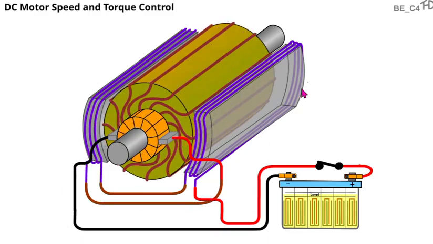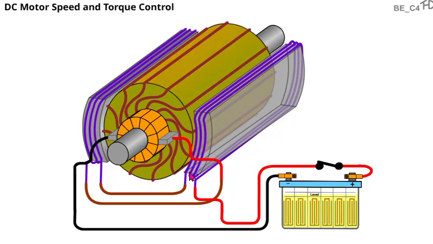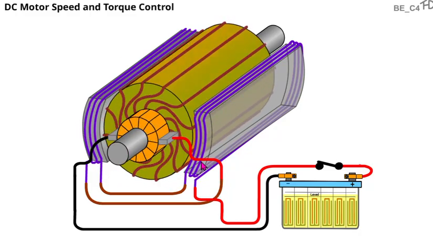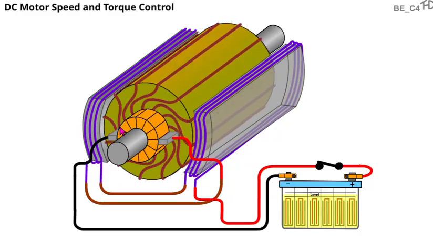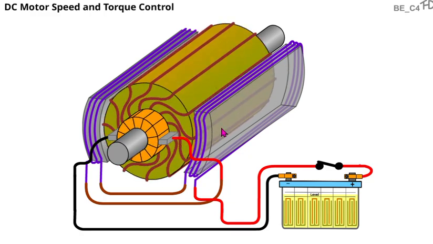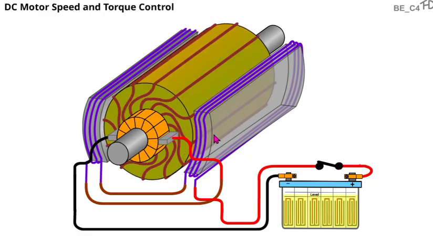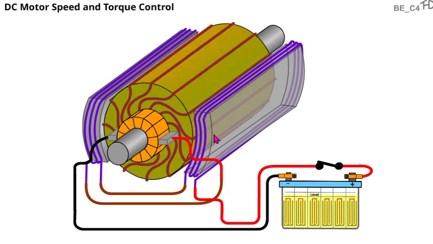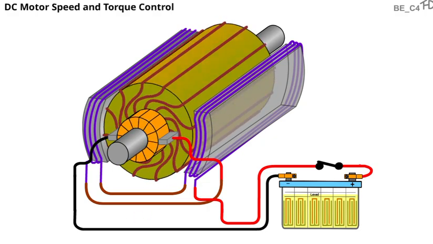So it's all wired in series. It has to go through the field coils first, and then it can go through the brushes and the armature. So we create two magnetic fields. Both are being created electrically, or they're electromagnets in this type. So that's most starter motors.